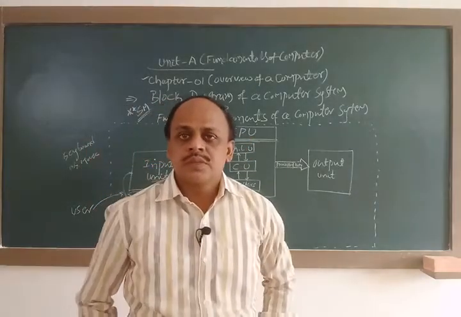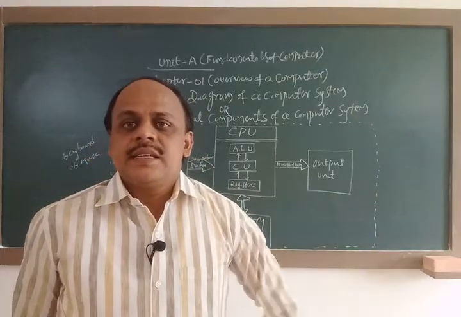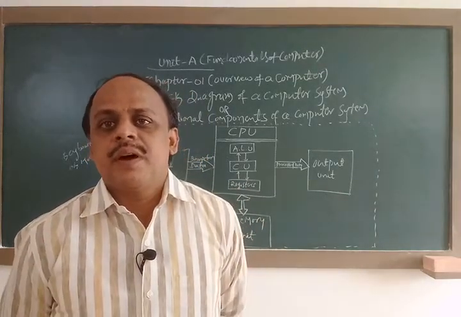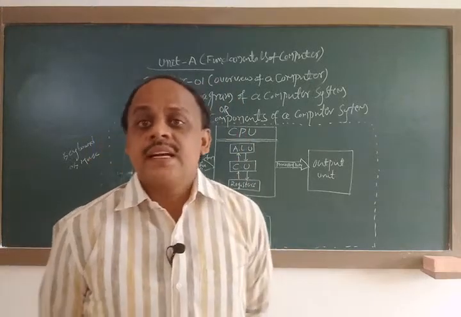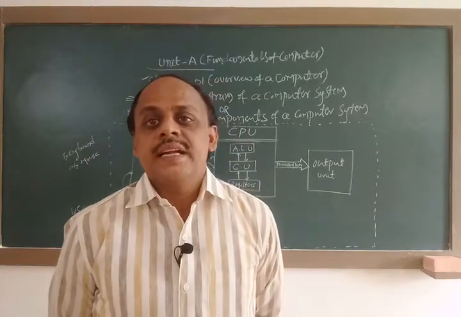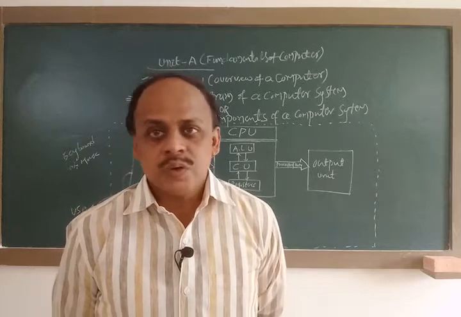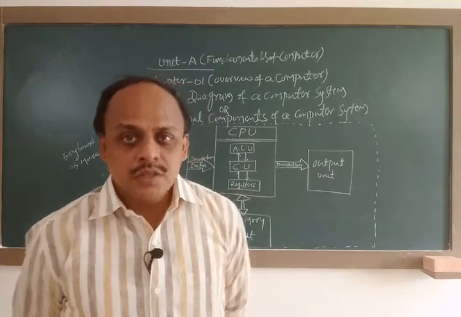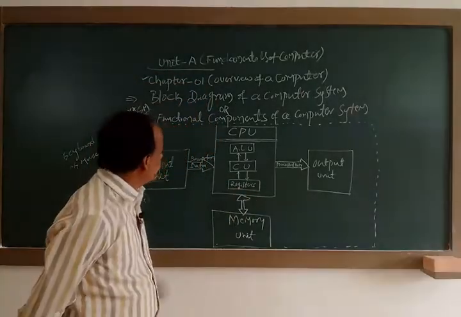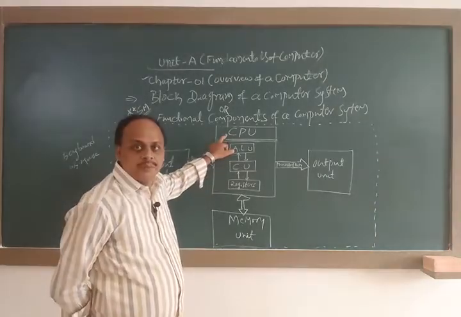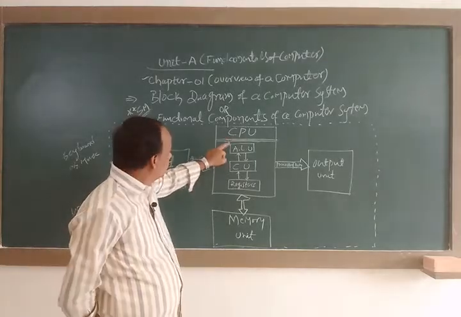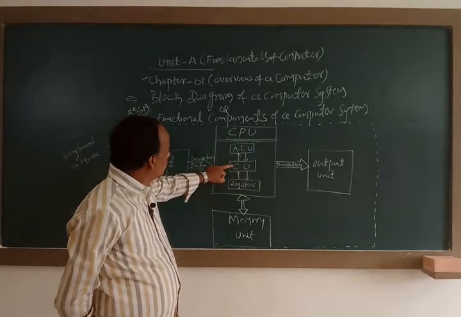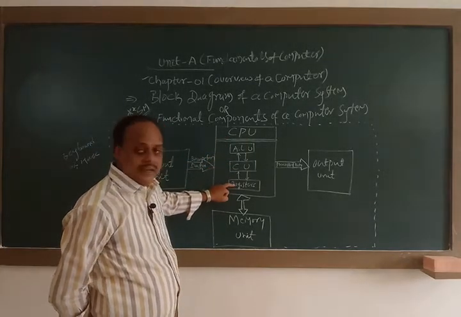We all know, in the last class I said the CPU is also one of the main parts of a computer system. It stands for central processing unit. It controls and coordinates all the operations of the computer system, right? So now just see what is happening in the CPU. This CPU is again divided into three parts: ALU, CU and registers.